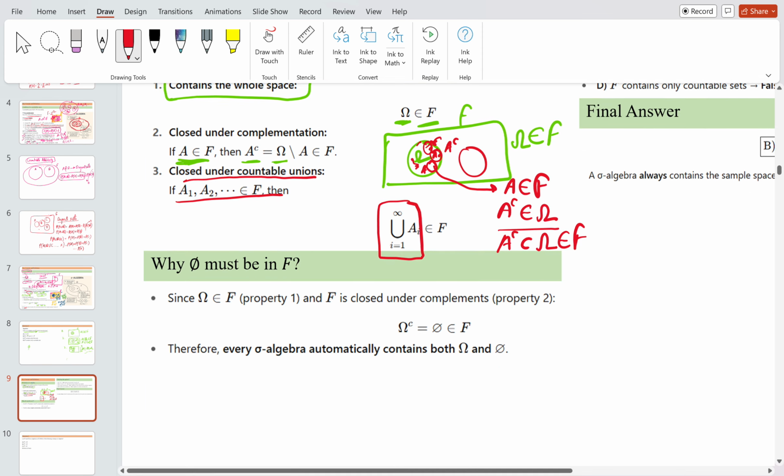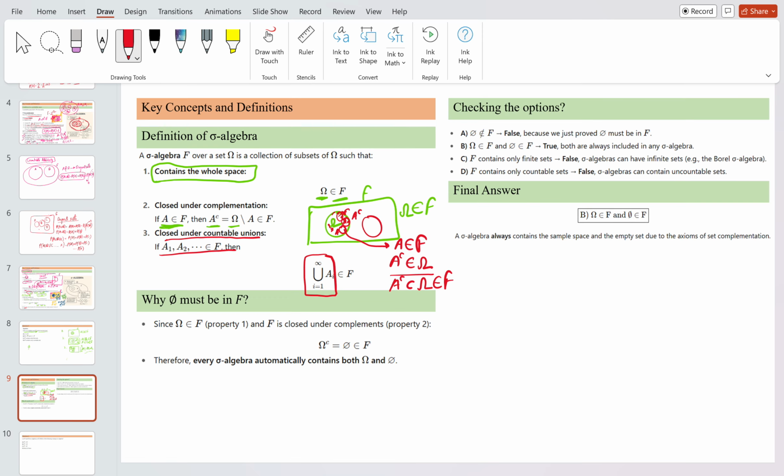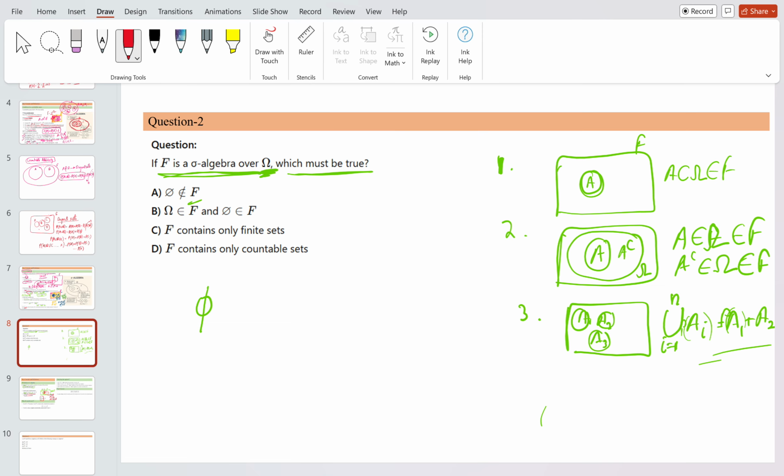Why must phi be in F? So if you see the problem, let's see the first option. Option A says that phi does not belong to F. That is actually false. Why? Because phi can also be a subset. If you see the condition F equals the power set of omega, what will it contain?